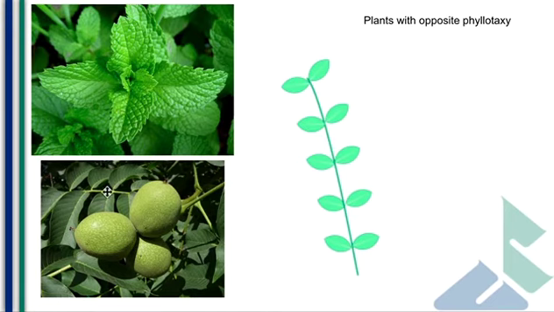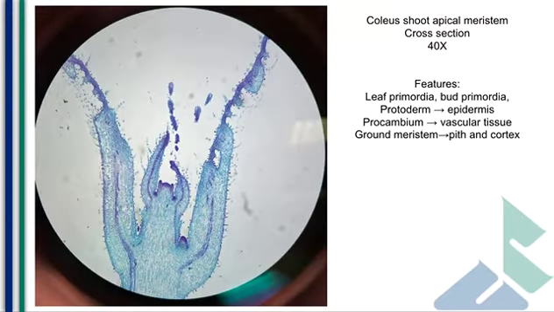If they are always going off of one major axis of the stem, we see opposite phyllotaxy here. Now, based on what you know about opposite and alternate phyllotaxy, what do you think this coleus is going to look like in real life? That's the next part of the lab.